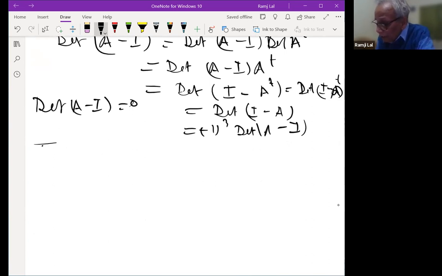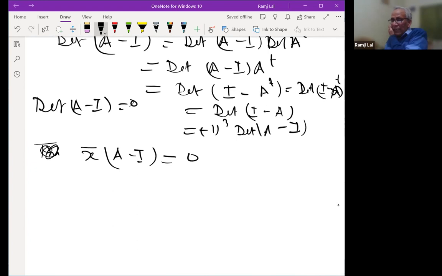Remember, A minus I is a singular matrix, because its determinant is 0. So there is an X bar such that X bar times A minus identity is 0. So X bar A is equal to X bar, and X bar is different from 0, because A minus I is a singular matrix.